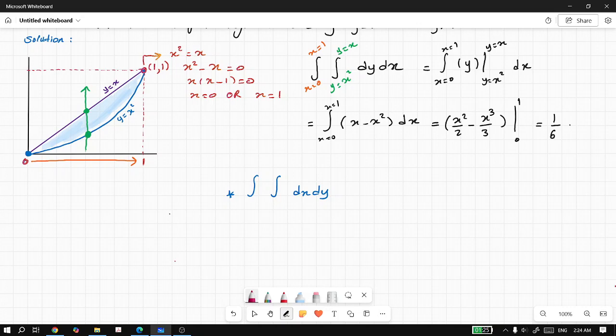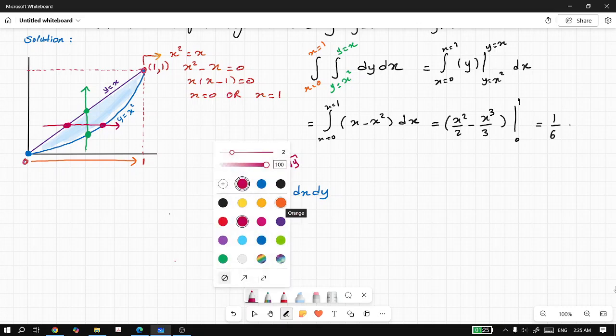Drawing a horizontal line through the region, it is entering the region at that point, so the function x is equal to y, and leaving the region through the function y equal to x squared, writing it in terms of x equal to something, that's x equal to square root of y. We are taking only the positive side of this square root because we are working in the first quadrant.